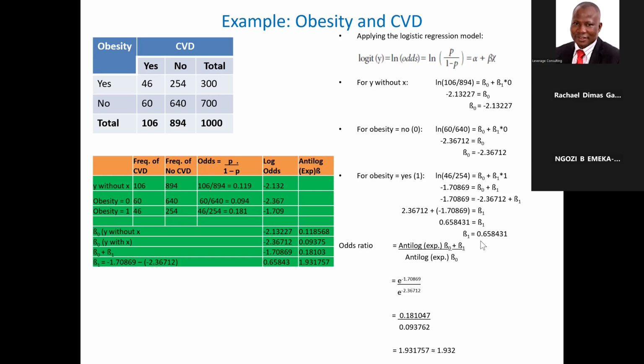You can try it, just to cross-check what I'm saying. 46 times 640 divided by 254 divided by 60. Yes, it gives you 1.9317. That's the odds ratio.